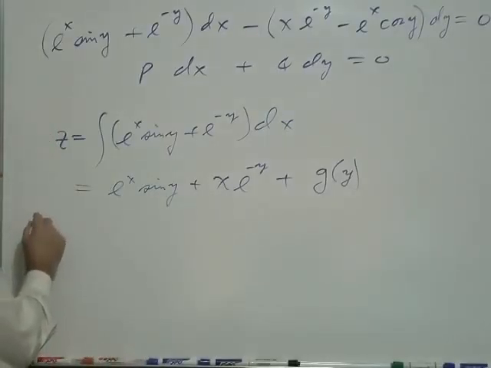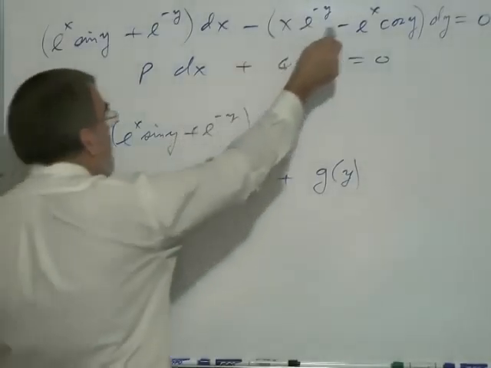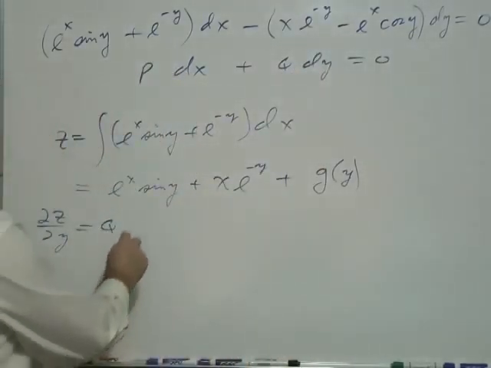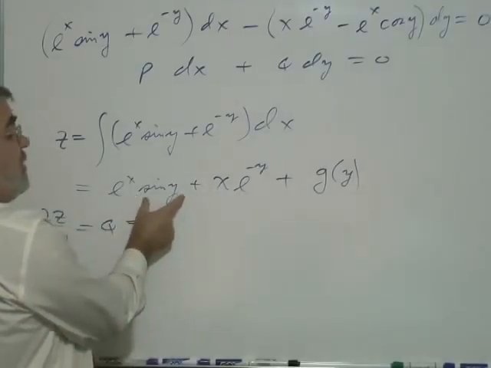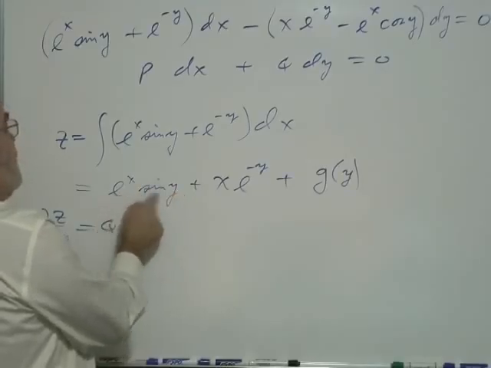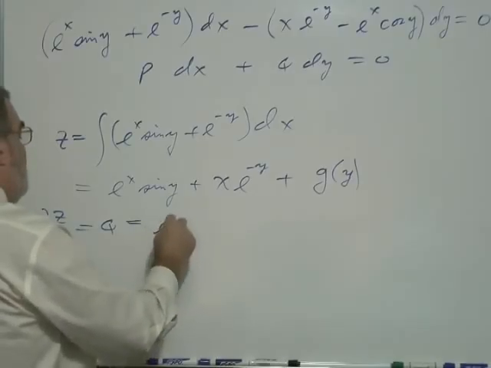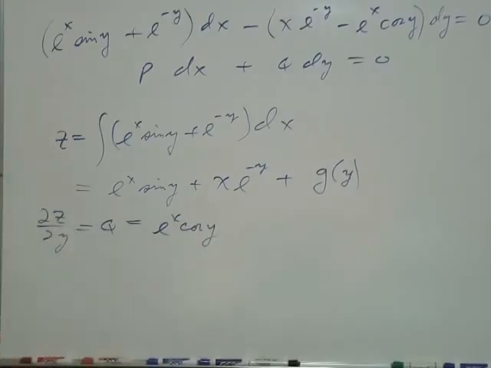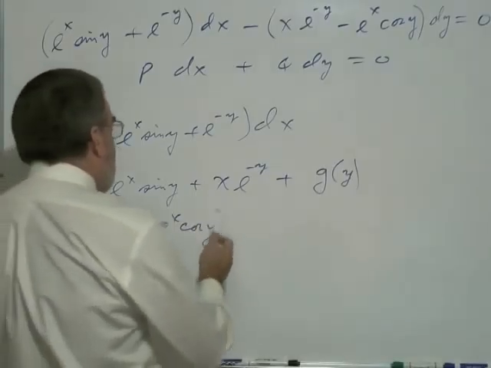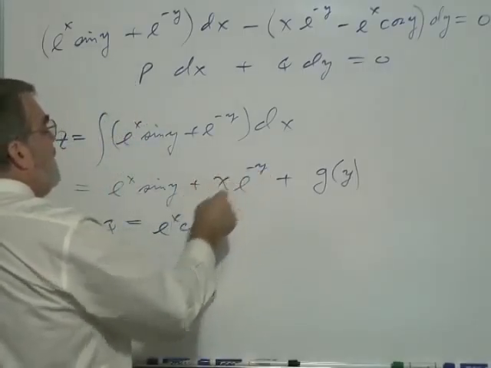Alright, now we take the partial of z with respect to y and match it up to q. And so when I take this partial with respect to y, I'm treating x as a constant. So this derivative is going to be e to the x cosine y. And then we have this derivative of e to the minus y is negative e to the minus y times x.